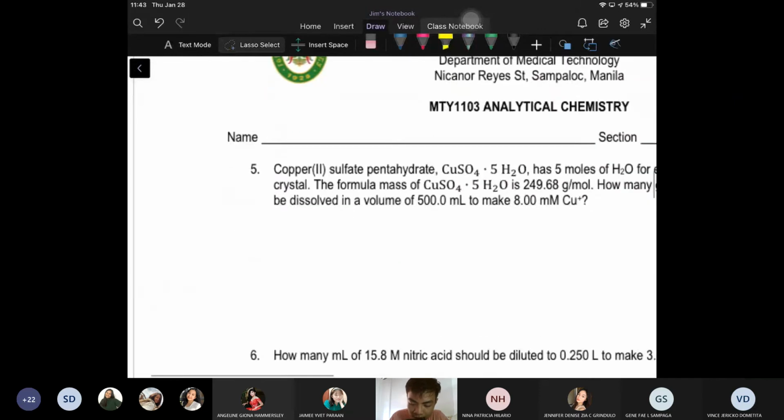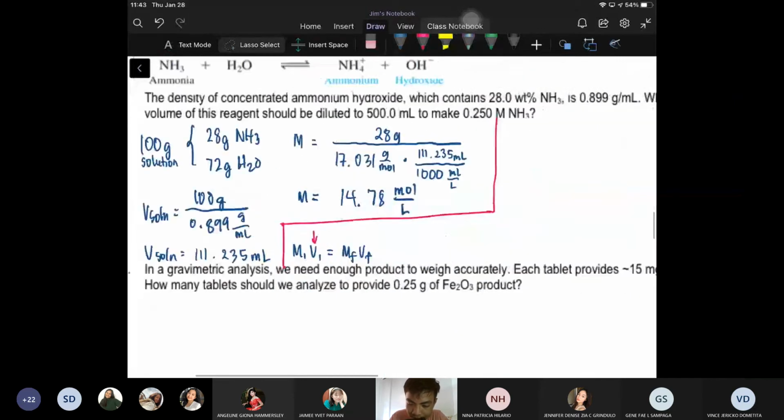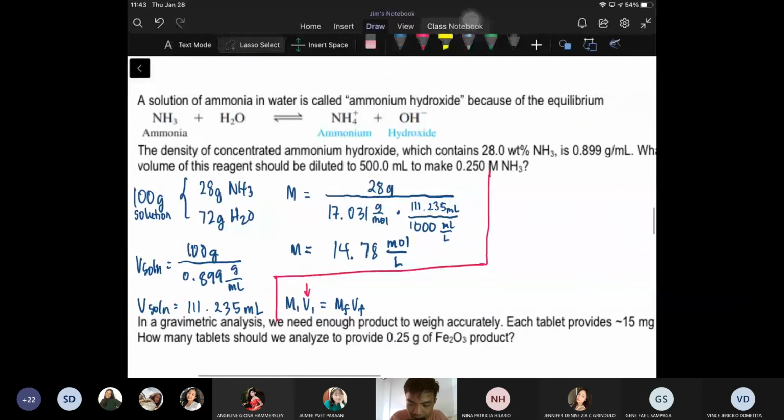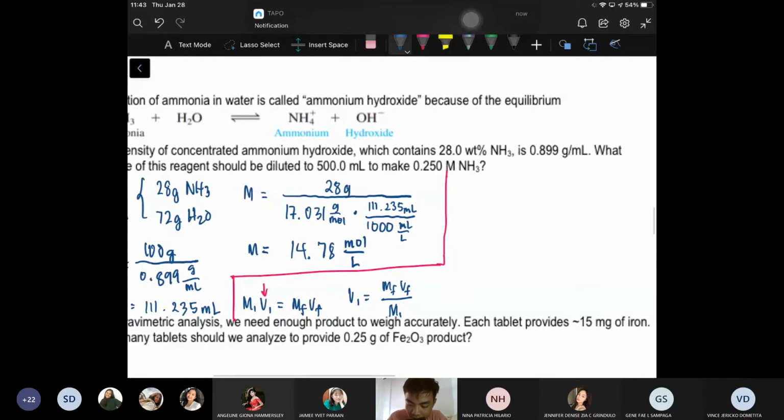So since we are looking for V1, so anong equation gagamitin natin? O derive natin. That will be V1 equals MF VF divided by M1. Okay? So yan. So let's solve for V1.